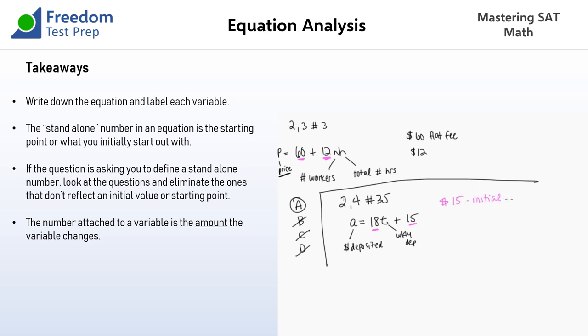She makes an initial deposit. That's going to be the initial deposit, or what we know as the starting point. Okay, then that's our answer. If you just know, you see how easy it is? If you just understand what the standalone number means, like what is its significance, then you can get these questions very, very quickly.